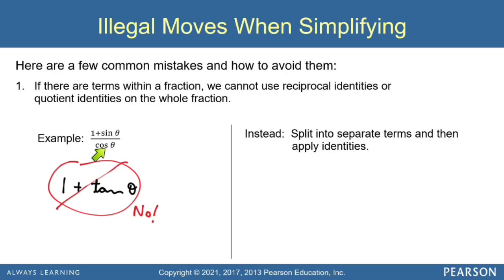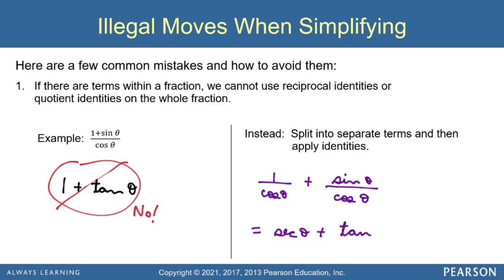And so it's not free to combine in that way. Instead, what we can do here is we can split the fraction into 2 separate terms. So we can take advantage of the plus sign to separate this into 2 separate fractions like so, and then we can say 1 over cosine is secant and sine over cosine is tangent, and so we would end up with secant theta plus tangent theta.